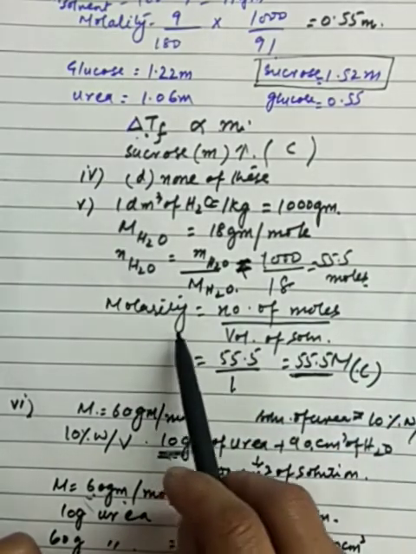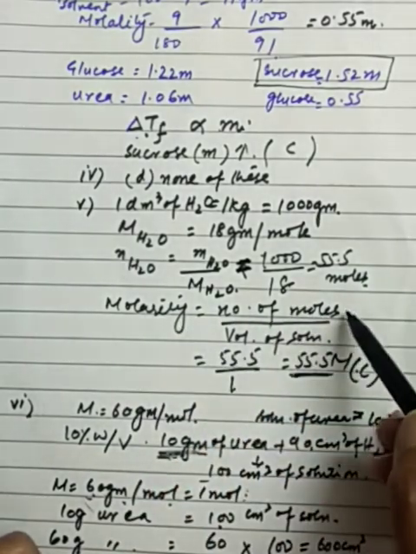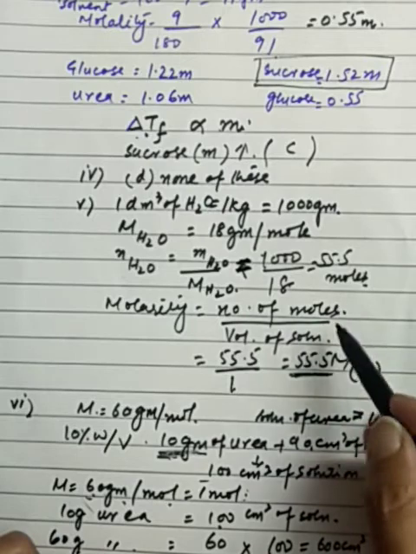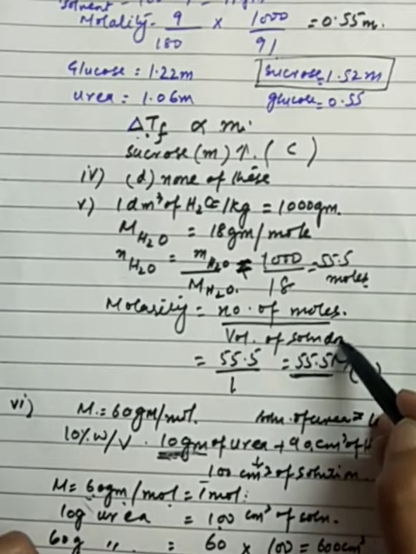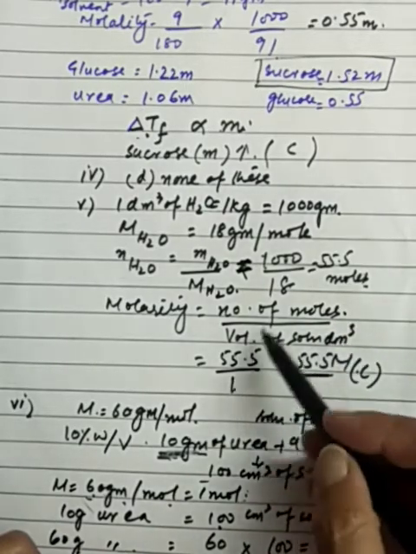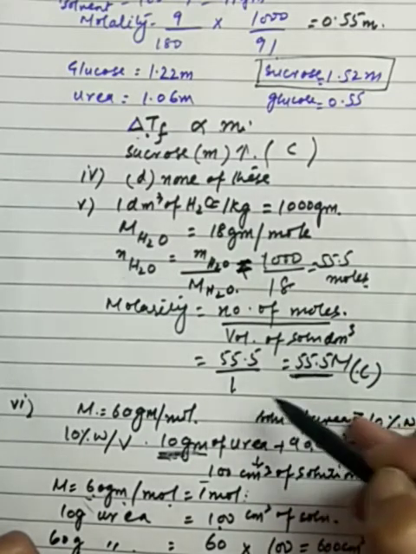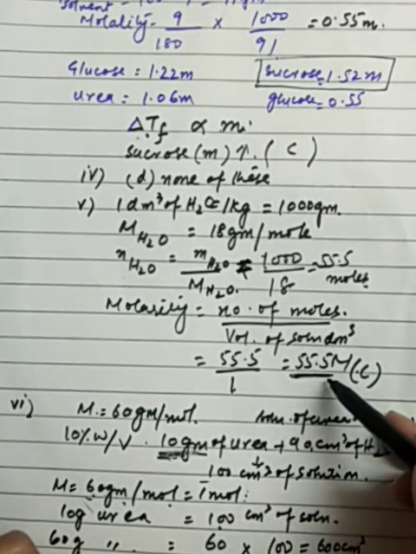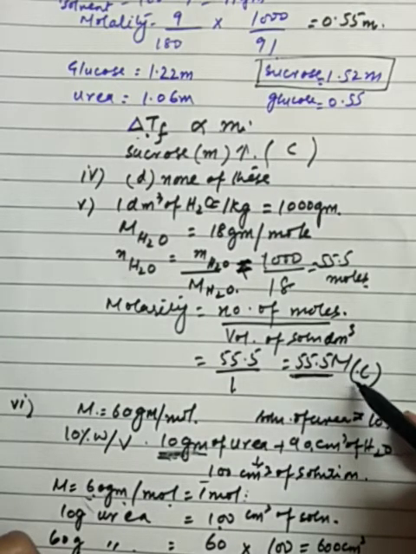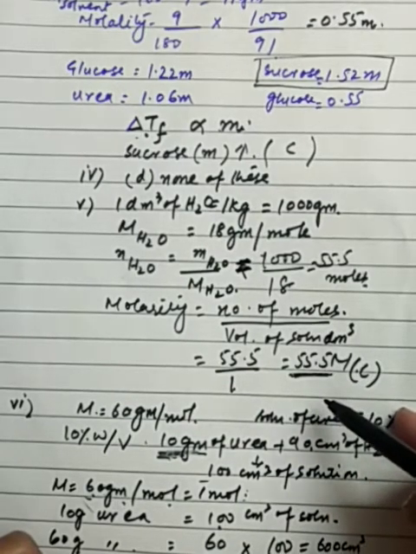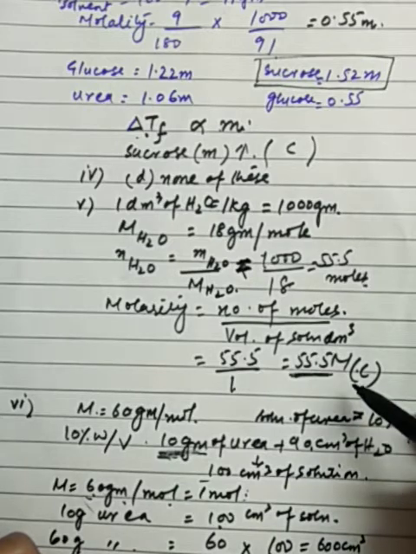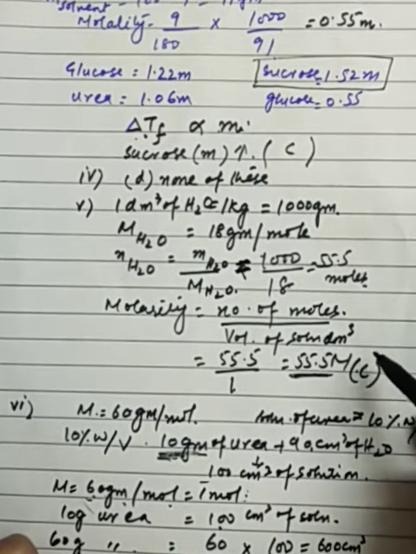We define molarity as the number of moles of solute over volume of solution in dm cube. Number of moles are 55.5 and the volume of solution in dm cube is 1, so it will be equal to 55.5 molar, and the option C is the correct option. Boys, you mark the option C, that is 55.5.